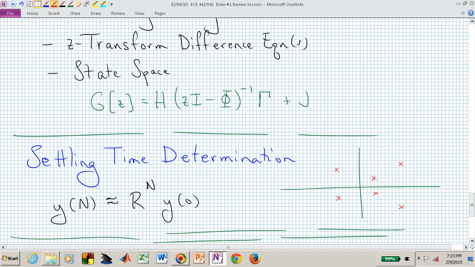And now I'm assuming, if we're dealing with a stable response, that all of these are inside the unit circle. That's a given. But now which one or ones are dominant? You look to see the one that's the furthest away from the origin. You find the radius, you find the magnitude, you find the modulus, however you want to think about the length or the distance from those poles to the origin.